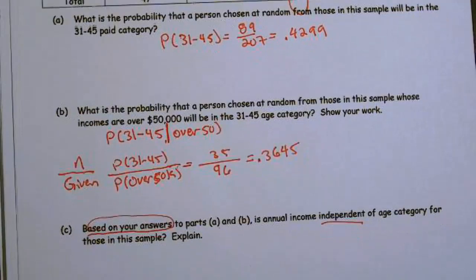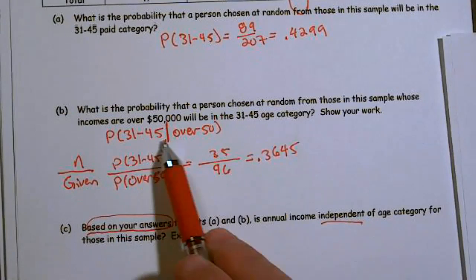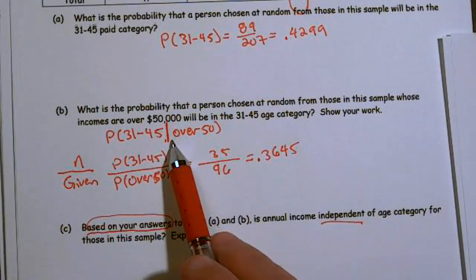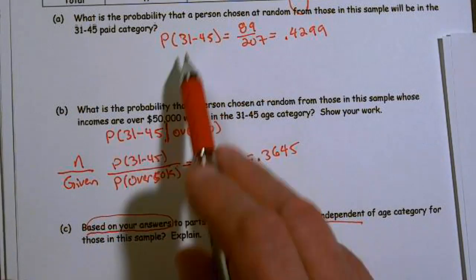So with that said, what does that mean here? Well, we have 31 to 45. That's this and this are the same.